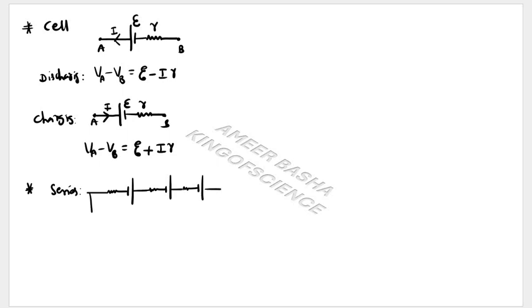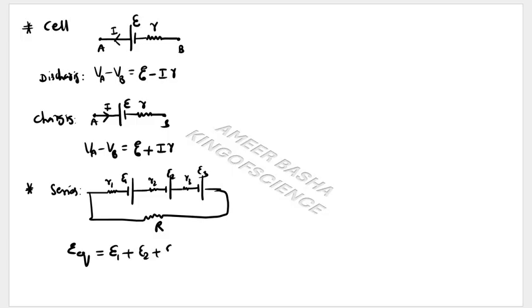These are all connected in series across a load resistance R. Let's say this is R1 E1, this is R2 E2, and this is R3 E3. Then the equivalent EMF will be E1 plus E2 plus E3 and so on. Similarly, R equivalent will be R1 plus R2 plus R3 and so on, as they are in series.